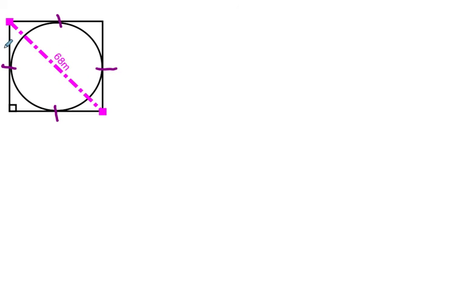So if I look at this square, I know that whatever length this line is, this line has to be exactly the same. And I know typically that a squared plus b squared equals c squared. Well, with this being my hypotenuse, I'm going to call 68 the length of c.